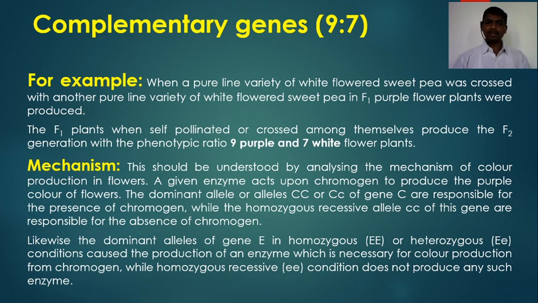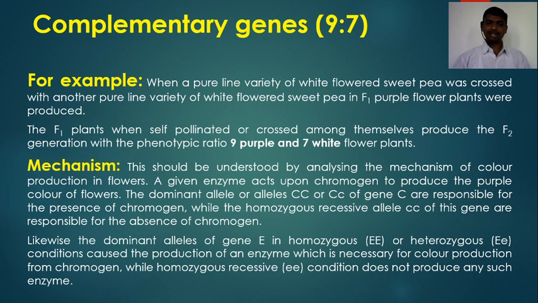So when the dominant alleles of gene E in homozygous or heterozygous condition are present, they cause the production of an enzyme which is necessary for the color production from chromogen. This enzyme is required for the color production from a colored base, that is the chromogen.